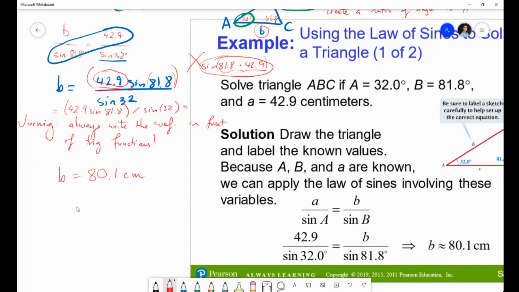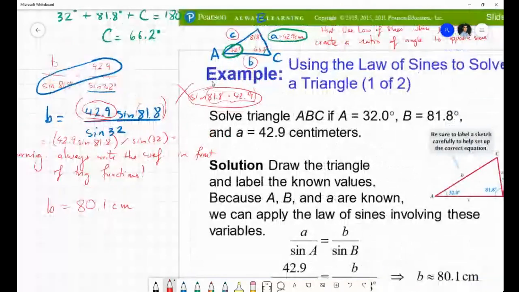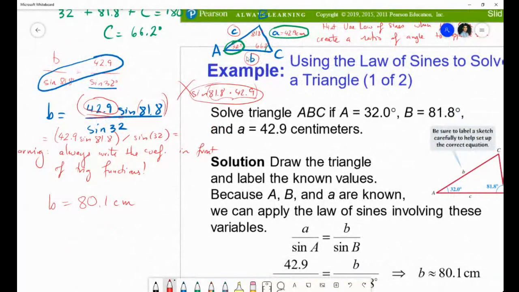We're solving for C. C is the last thing that we don't have yet. Okay. Yeah, so we found B. We already have A. Now we need to find C. Now we're going to use the same ratio, 42.9 over sine of 81.8, because this is given.